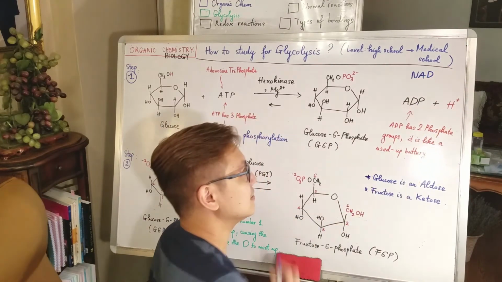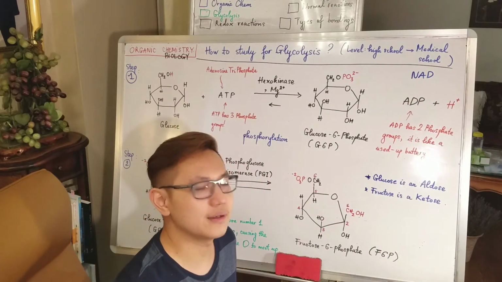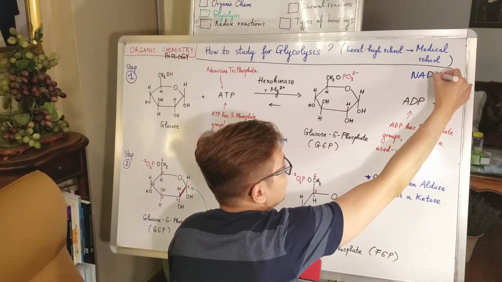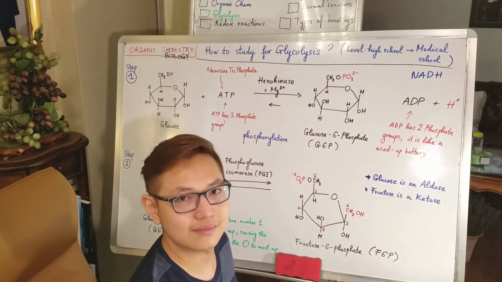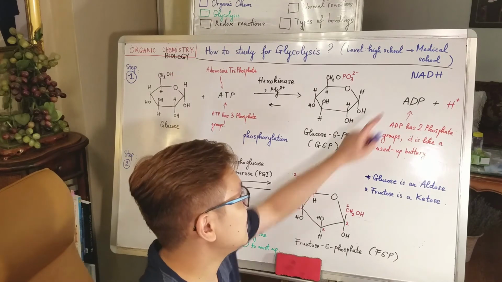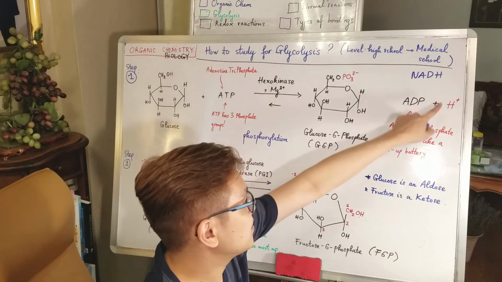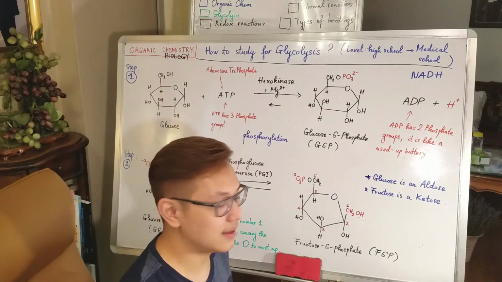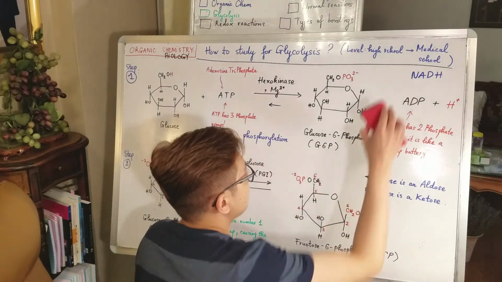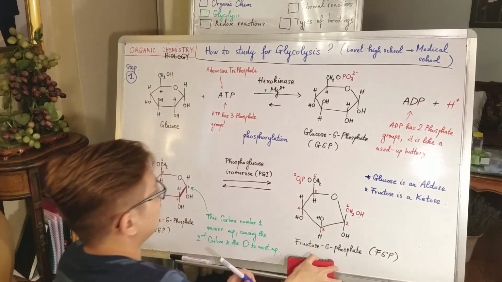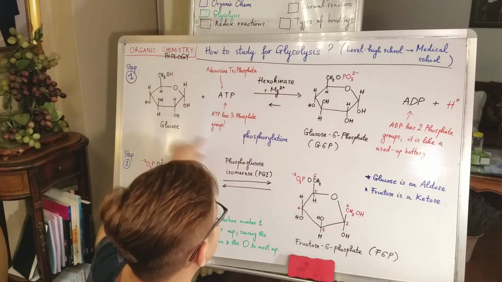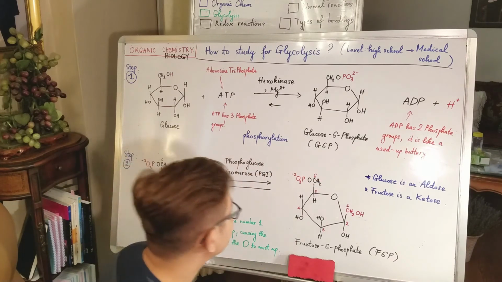I'll talk more about it later, okay? But the NAD will capture the H+ and become NADH. I'll explain further about that later. But anyway, I already explained step 1, how this can be formed, okay?